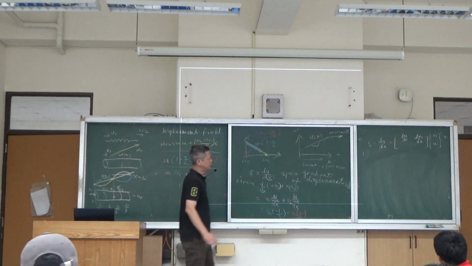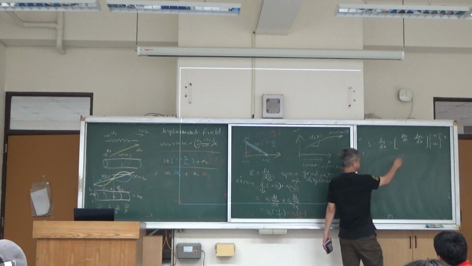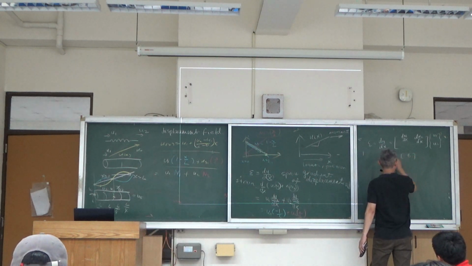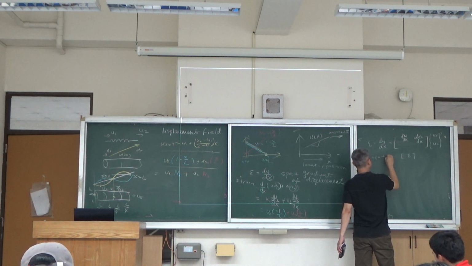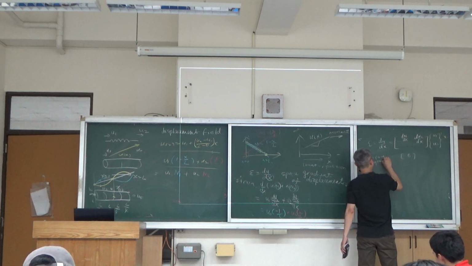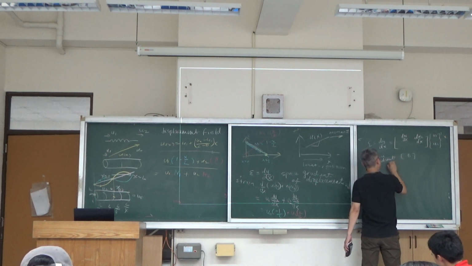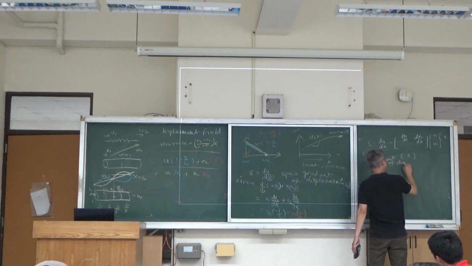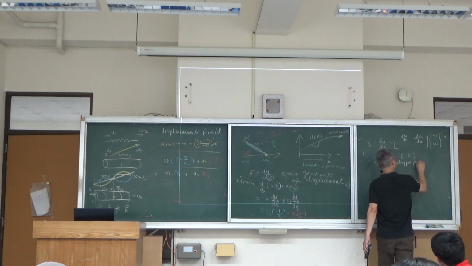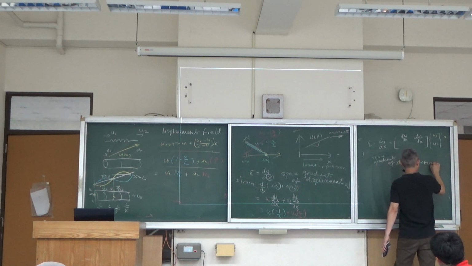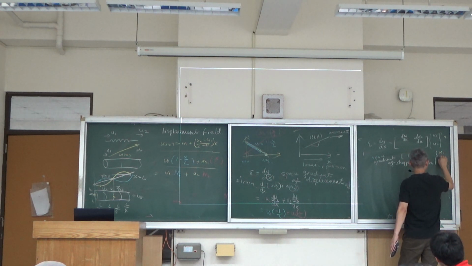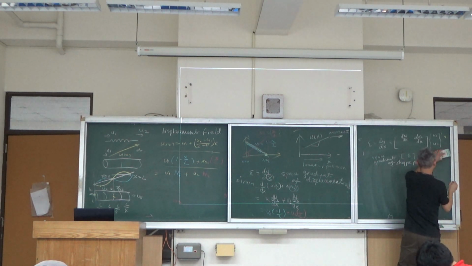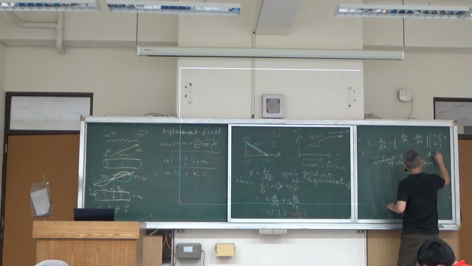So this is your so-called B matrix. It displays the gradient of your shape function times your displacement vector.